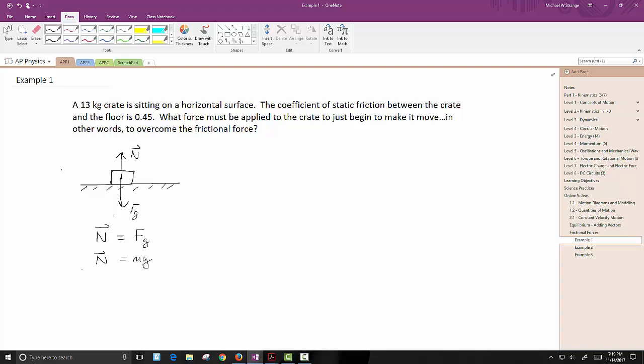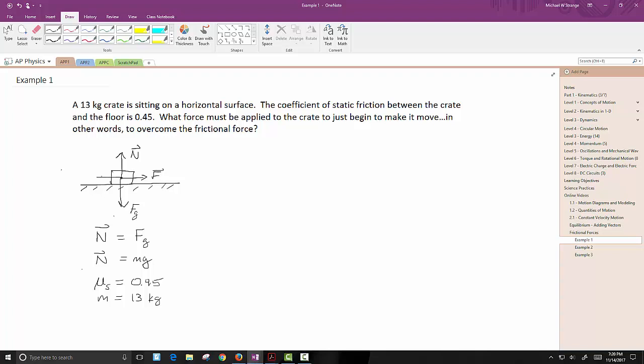Okay, so now we know that the coefficient of static friction is 0.45. We know the mass is 13 kilograms. And what we want to know is if I apply a force in this direction, or whichever direction, such that it overcomes the static frictional force.